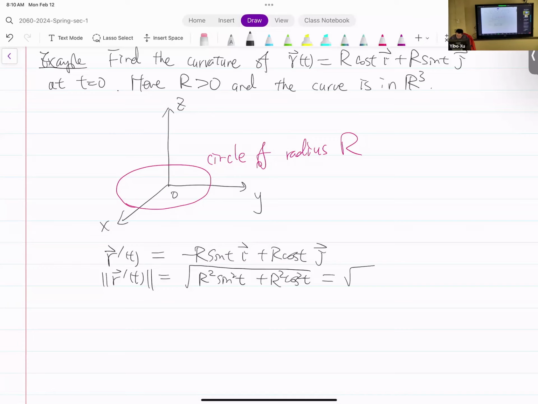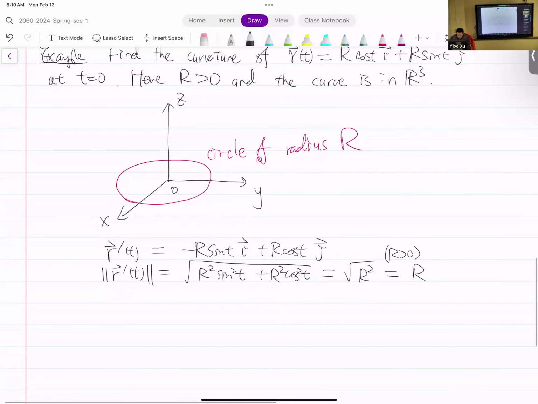So we have the square root of R squared. And since R is positive, we can directly take the square root and we get just R. So the magnitude of r prime is a constant.